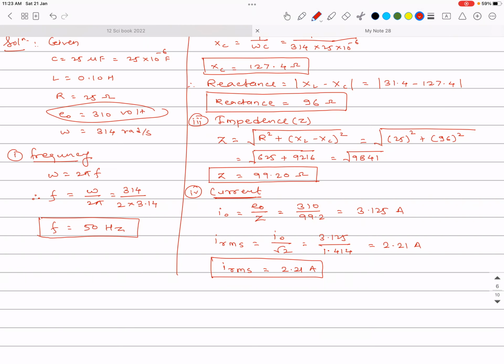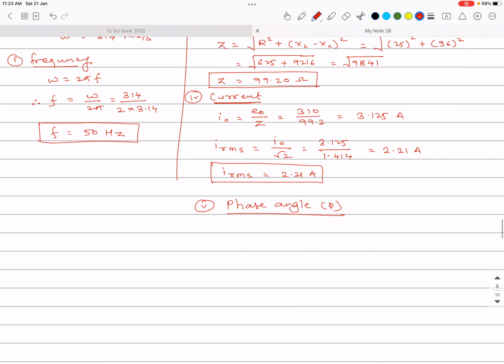Also we have to find out the fifth point, the phase angle. We can find out phase angle by two formulas. So here we can use a formula, phase angle is equal to tan inverse of XL minus XC divided by R. Or if you don't want to use this formula, you can use another one also, the power factor formula. Phi is equal to cos inverse of R by Z. So we substitute here.